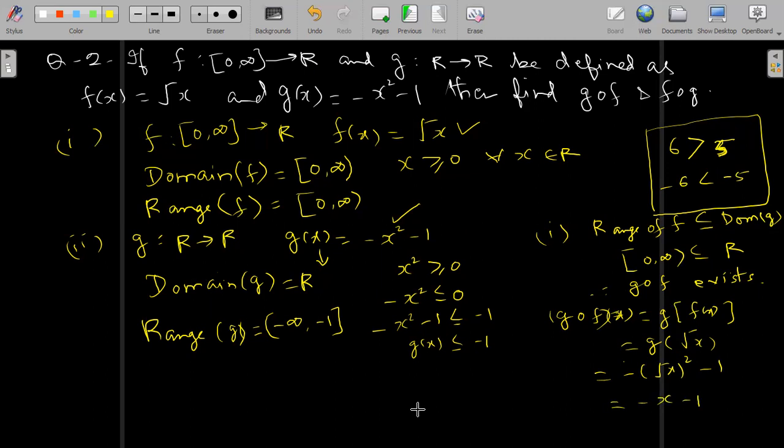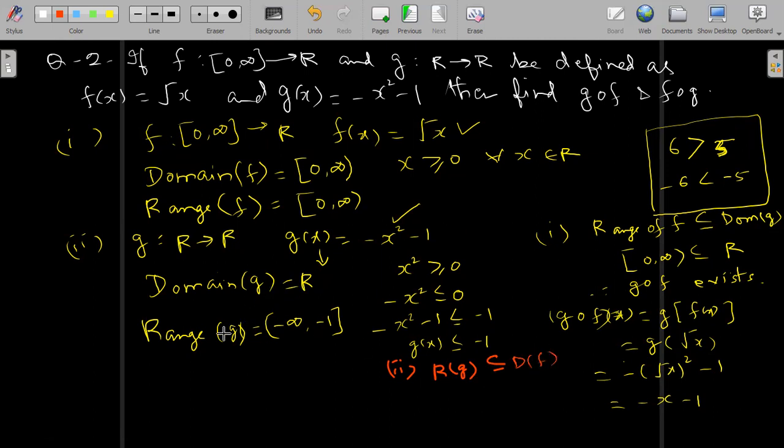Okay, then you have to check the second thing. Now you can check whether the range of g is a subset of the domain of f. What is the range of g?